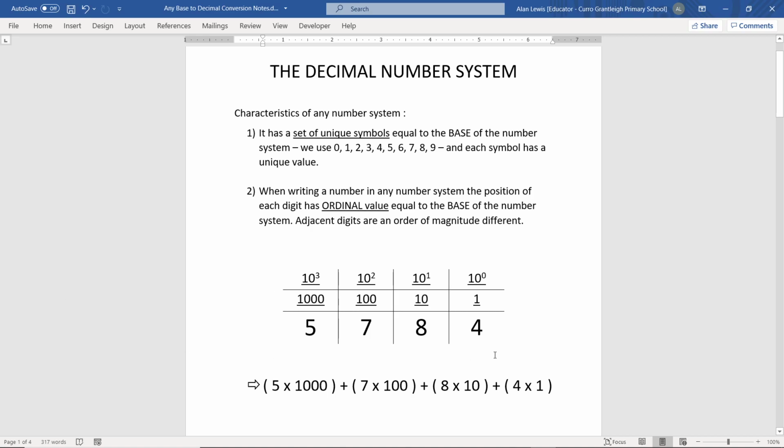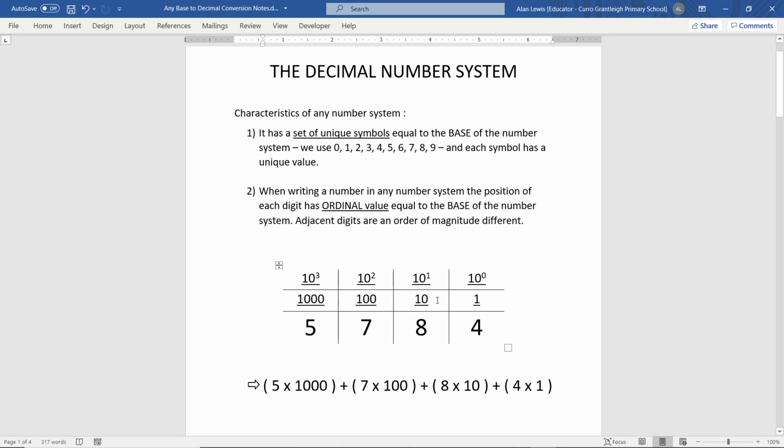If this number was bigger, we would have the 10,000s column, the 100,000s column, and the millions column, etc., etc. And we can see that each column, like we said up here about having orders of magnitude difference, is 10 times bigger than the one next to it, obviously because it's the decimal system.